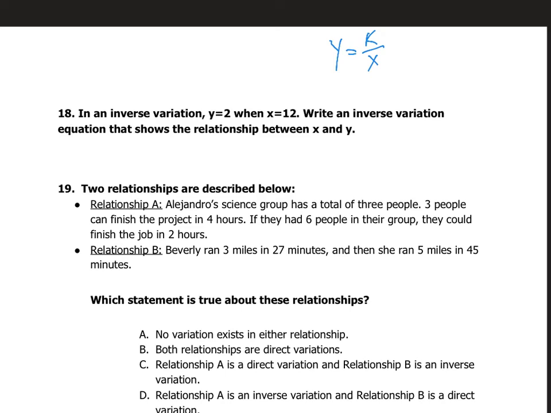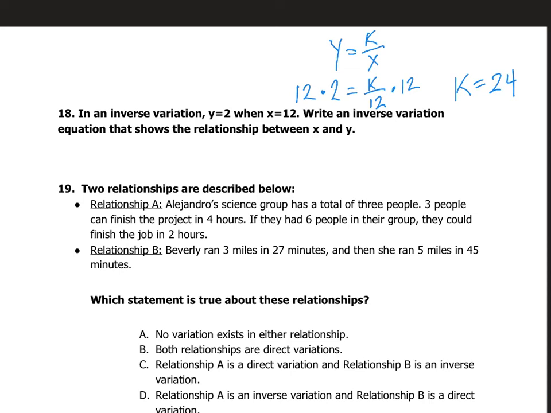We can solve for k because we have our x and y values. So we have y, which is 2, and then we have x, which is 12. If I multiply both sides by 12, I can solve for k. So I realize that k is equal to 24. Okay, so now I'm going to write my equation, and it can be written two different ways.